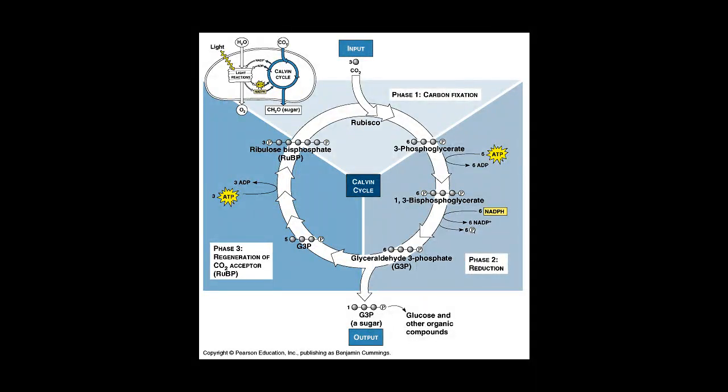First, 3 carbon dioxide molecules combine with 3 ribulose bisphosphate molecules to make 6 3-phosphoglycerates. Phosphates are taken from ATP and added to the phosphoglycerates to produce bisphosphoglycerates. NADPH is used with the bisphosphoglycerates to make 6 glyceraldehyde 3-phosphates, or G3P.